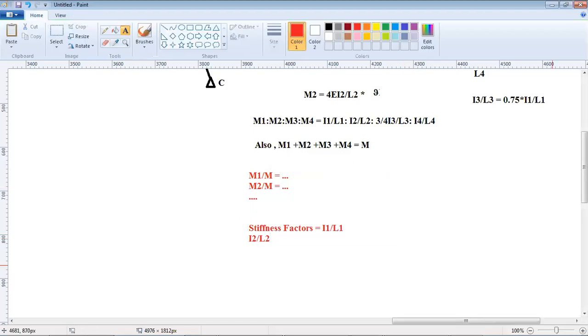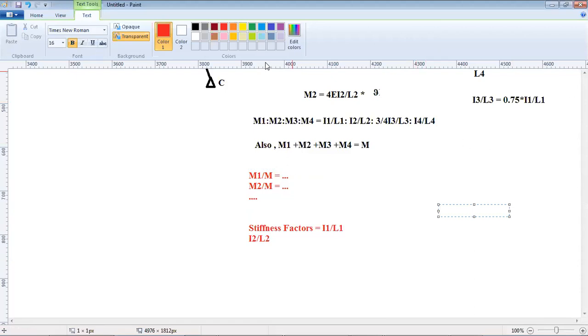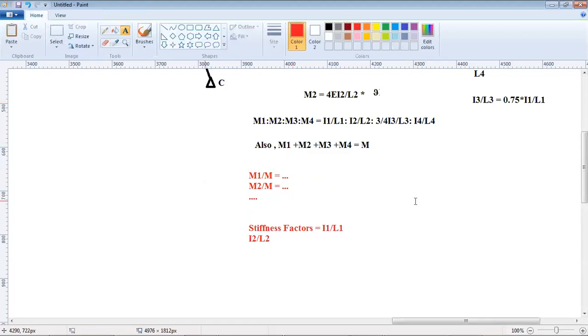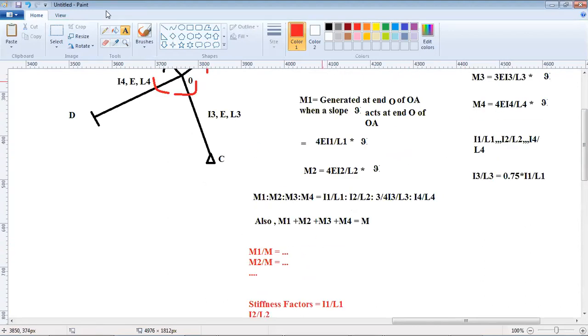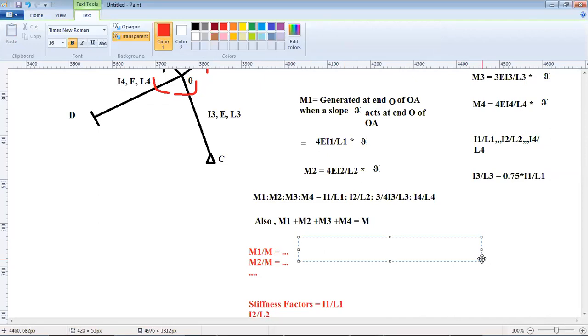Let me show you one of the examples here. For example, if I determine M1 by M, what will be M1 by M? What is M1 equal to? It's 4E.